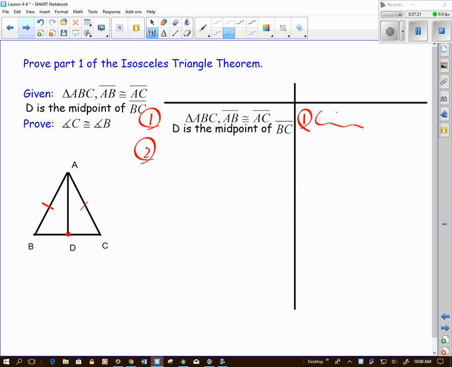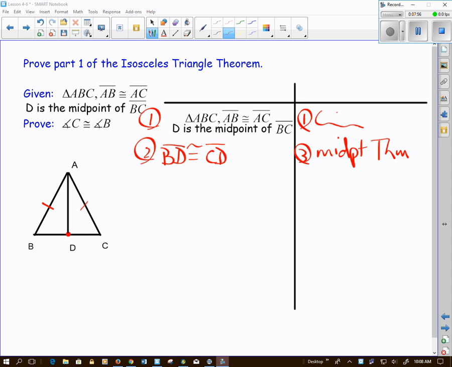So as we've seen several times already, the basic idea here is we want to prove some angles congruent, so we're going to do that by proving some triangles congruent. So since we have D a midpoint, we can put in a segment AD, and we know that segment BD is congruent to segment CD by the midpoint theorem.